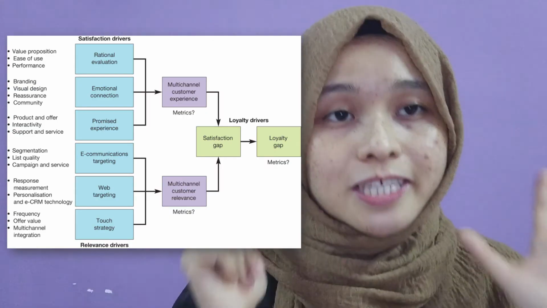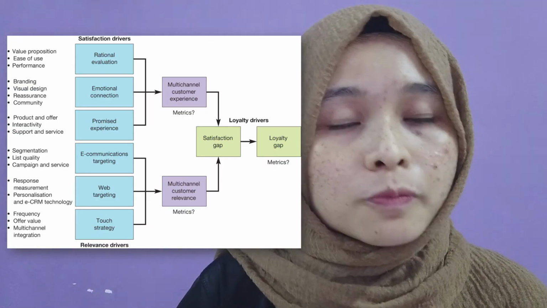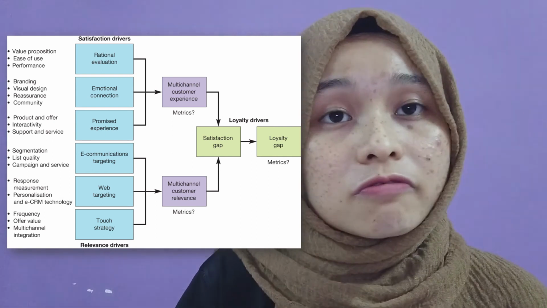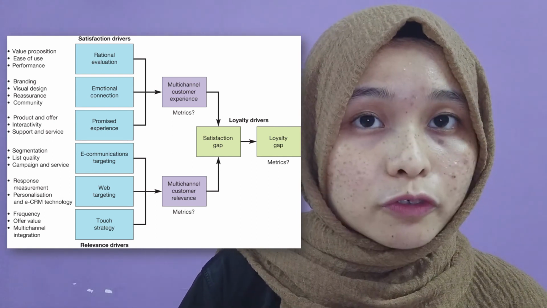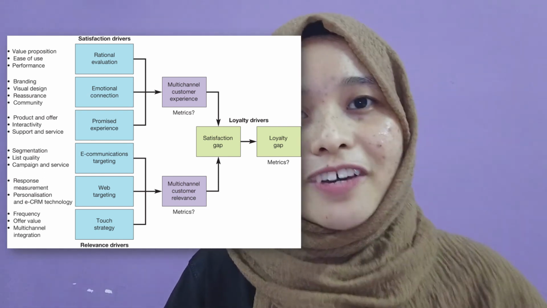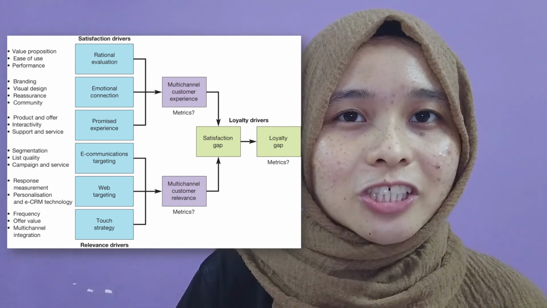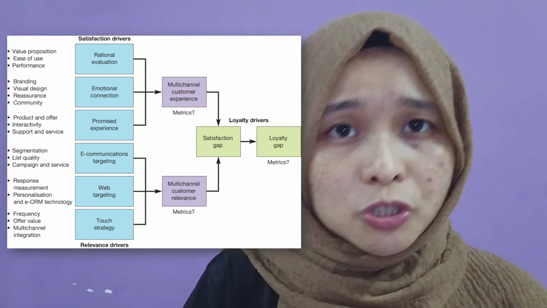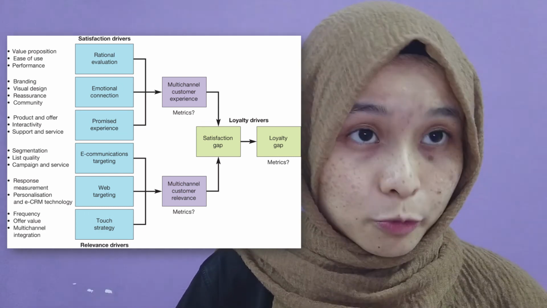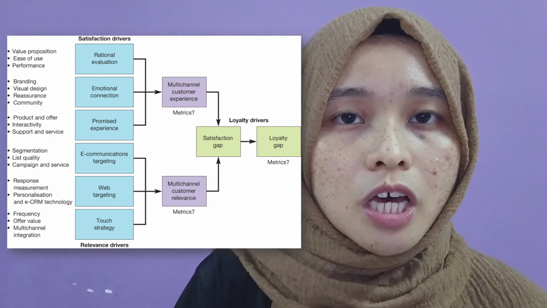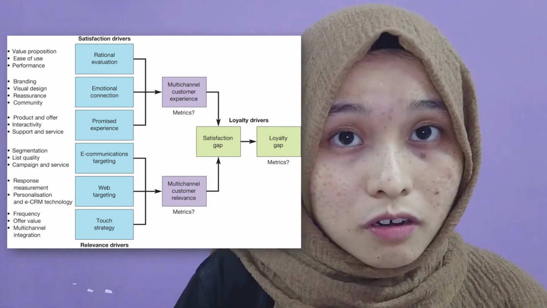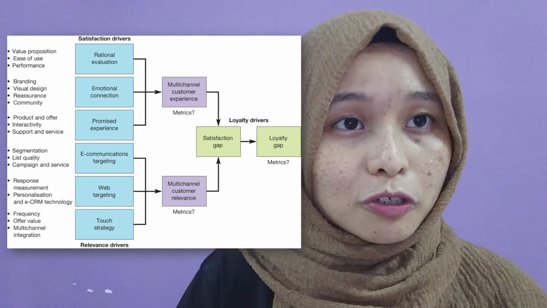There are 6 factors that you need to know. The first is rational evaluation, which consists of value proposition, ease of use, and performance. The second is emotional connection, which consists of branding, visual design, reassurance, and community. The third is the promise and the experience, which consists of product and offer, interactivity, support, and service.